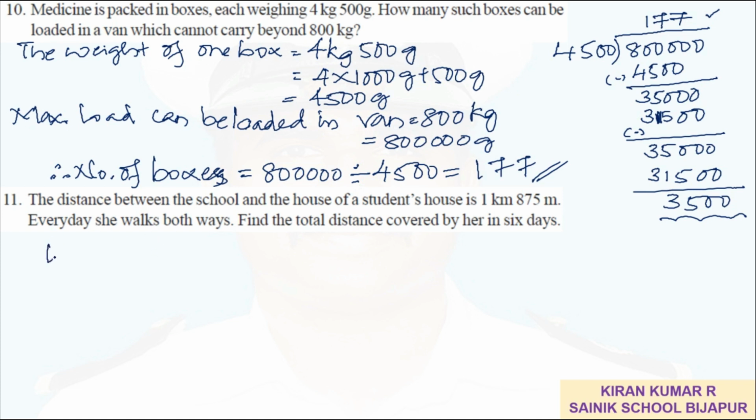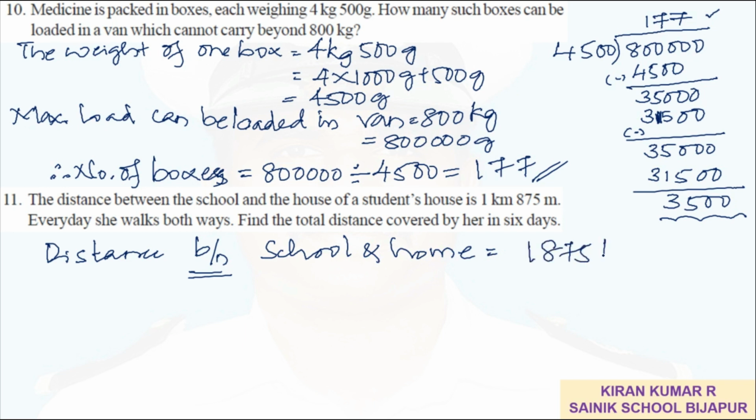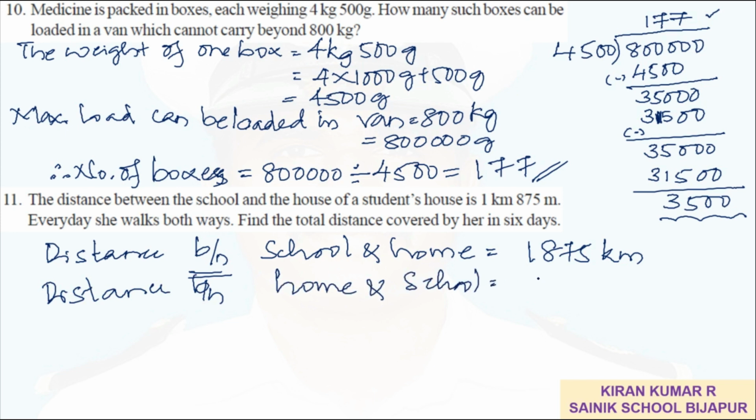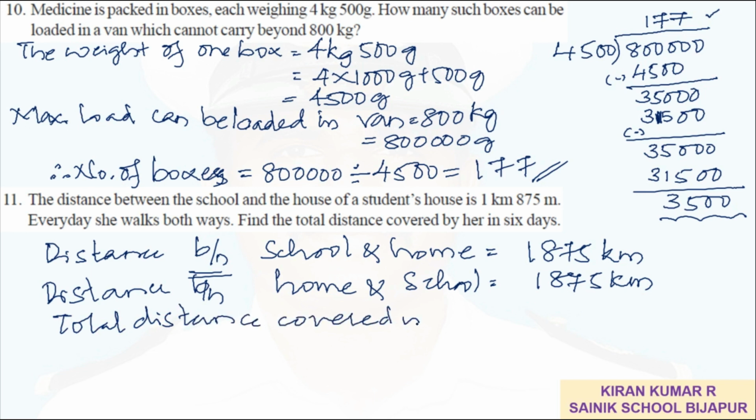Let me mention that. The distance between school and home is 1875 meter, and the distance between home and the school is the same 1875 meter. So if you add these two, we'll be getting the total distance covered in 1 day.